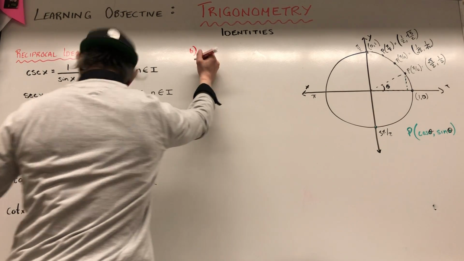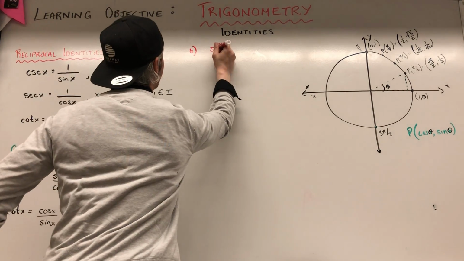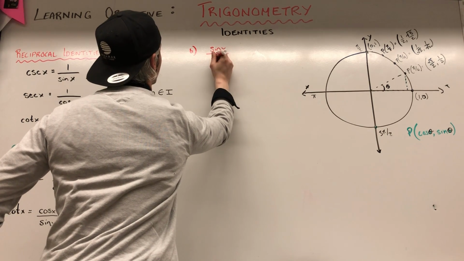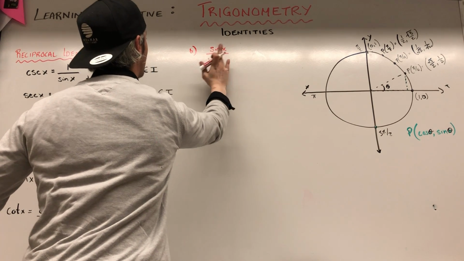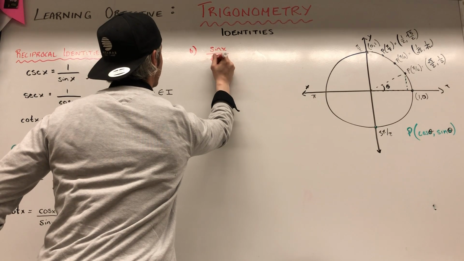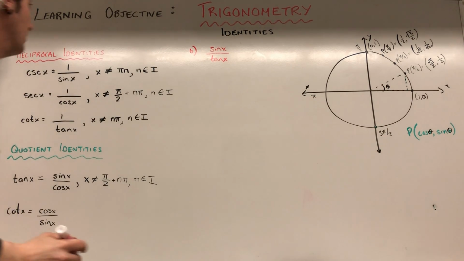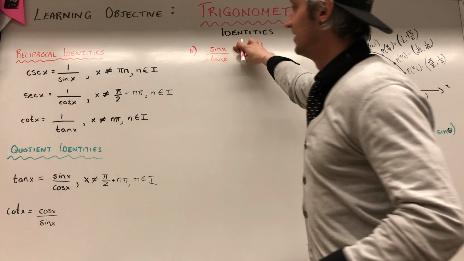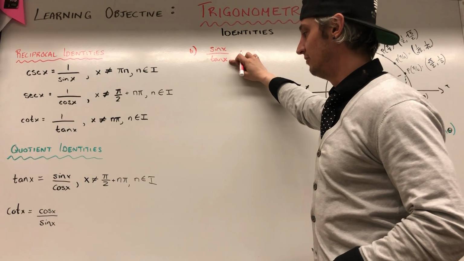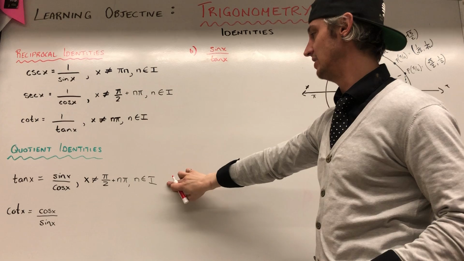Okay. I'm going to do 1b. We've got sine of x over cos of x, over tan of x. Okay, what are the non-permissible values? Are there any non-permissible values for sine of x? No. What are the non-permissible values of tan of x? They're right here.